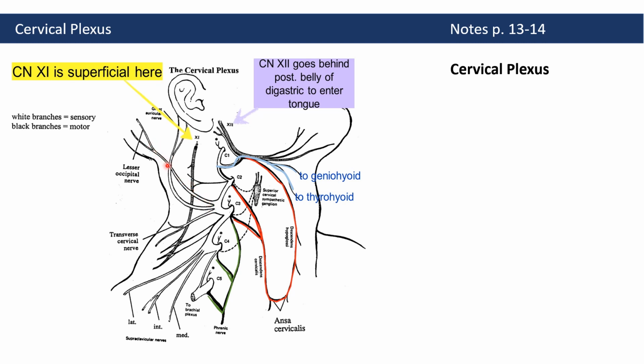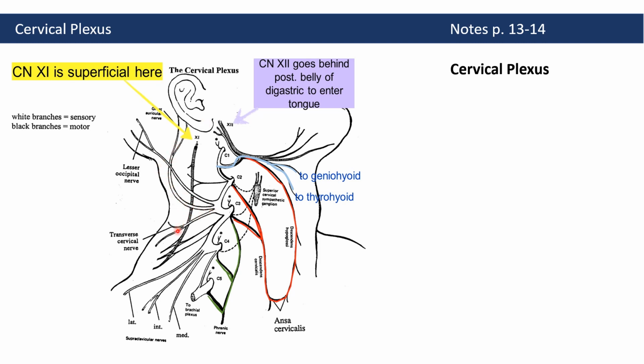The lesser occipital nerve, shown here, travels up the posterior border of the sternocleidomastoid, and that's the easiest place to find it, on the posterior superior border of the sternocleidomastoid as it ascends. The great auricular nerve is just below that, and just as the name implies, is going over here towards the base of the ear. Here's our great auricular nerve.